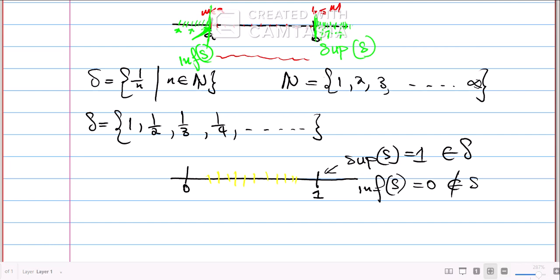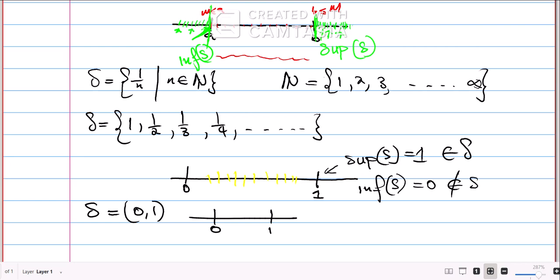Okay, and let's consider this example. S is equal to this interval, 0 comma 1. So this is our 0 comma 1, 0 and 1.